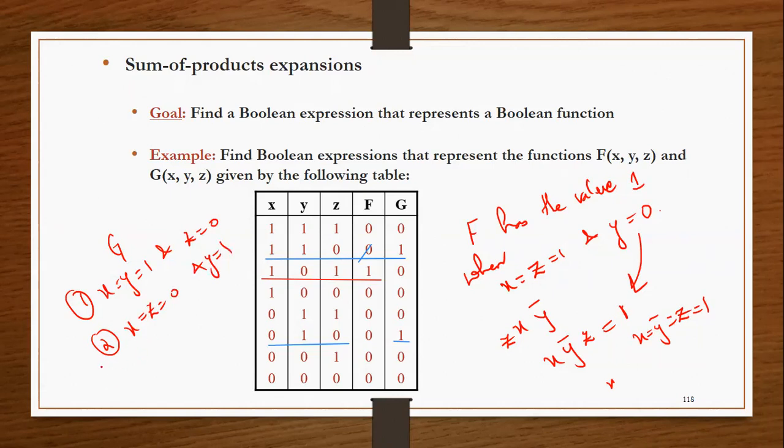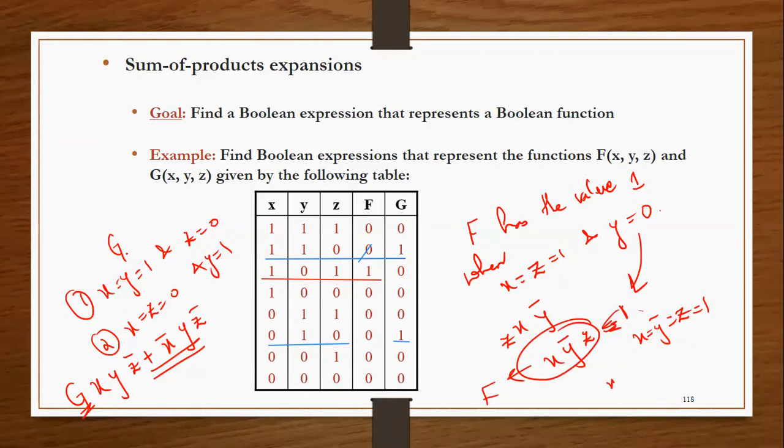How can we write it? We can write it in this way: x y z bar plus x bar y z bar. So this represents the function g, while this represents the function f. Here is the Boolean sum.